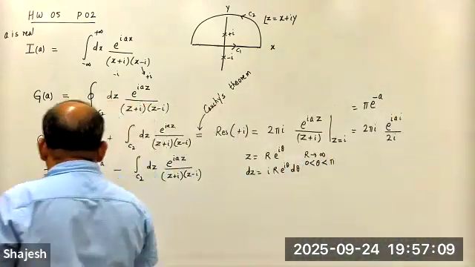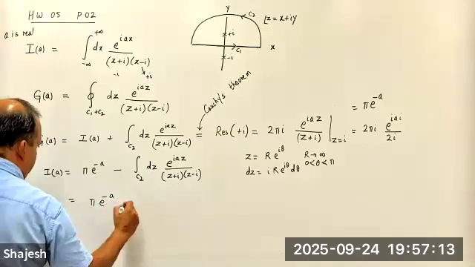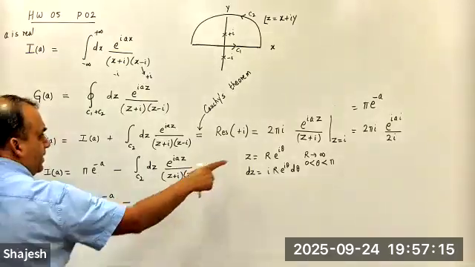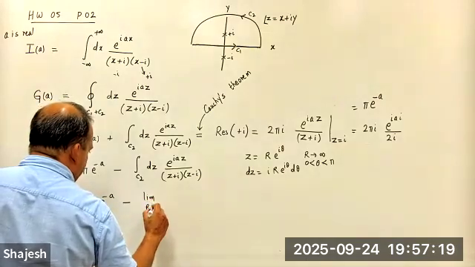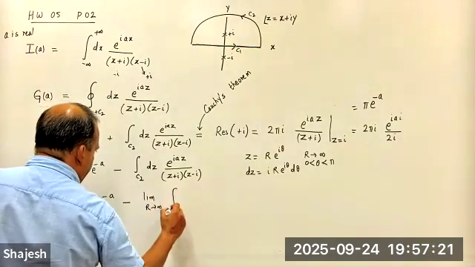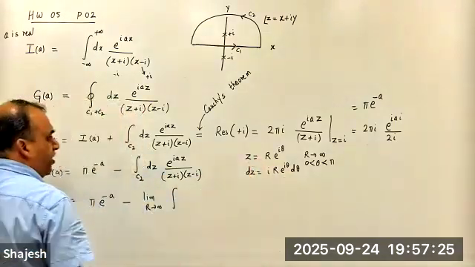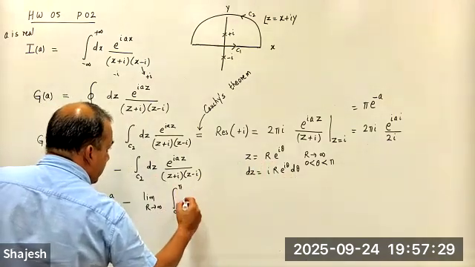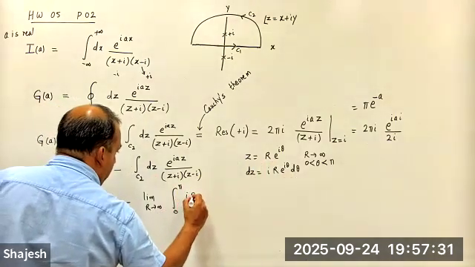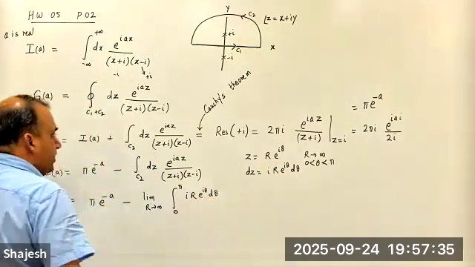Doing this, we learn that this is pi times e raised to minus a, minus, there is an R that we have to take the limit R tends to infinity. I write it here. The integral on theta now runs from 0 to pi, because R is fixed, and dz is i R e raised to i theta d theta.